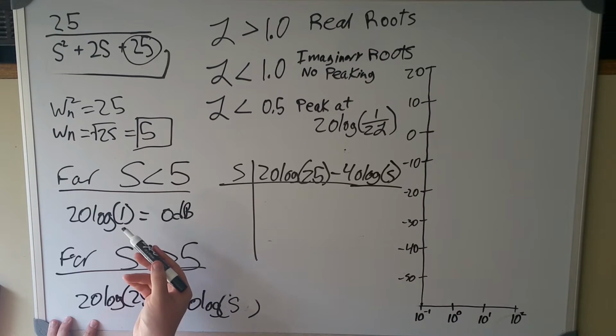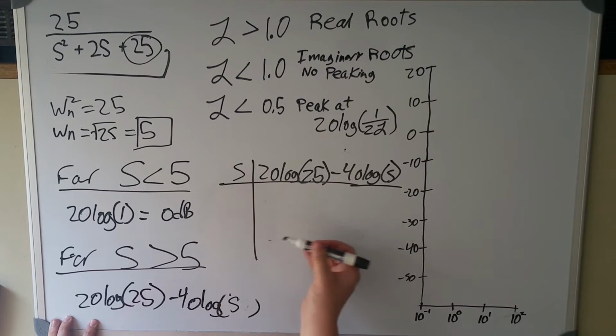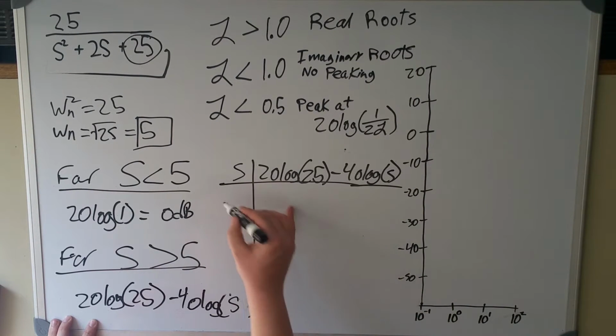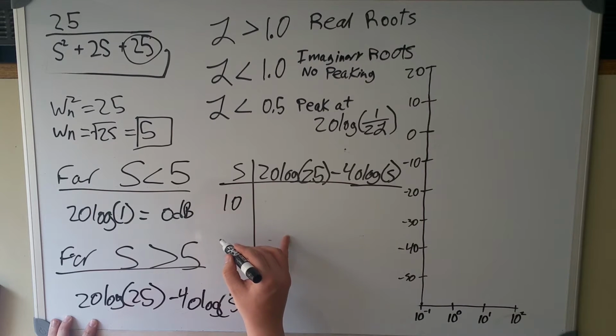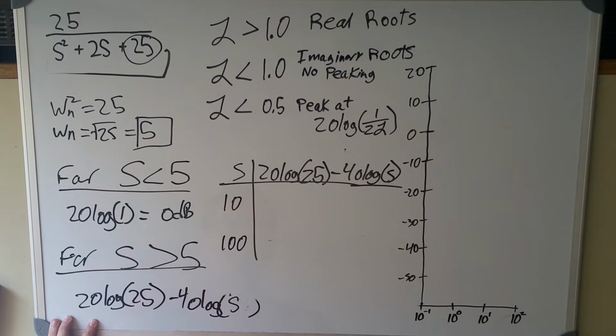Since we only need s greater than 5, we can just pick any points, and the 2 points that I happen to pick were 10 and 100, just because these are easy to approximate.